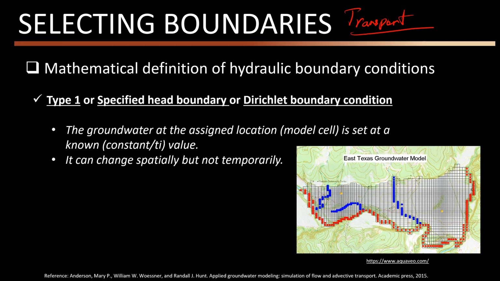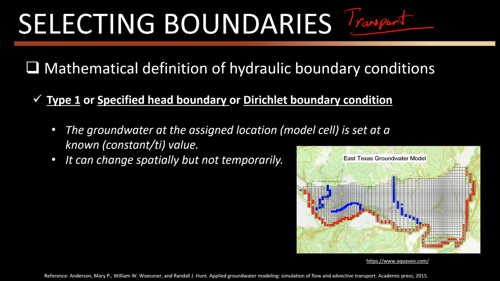The first one has multiple names, and I put the names that we see in the groundwater literature and journal articles. Some people call it the type 1 boundary condition, some use specified head boundary or Dirichlet boundary condition.